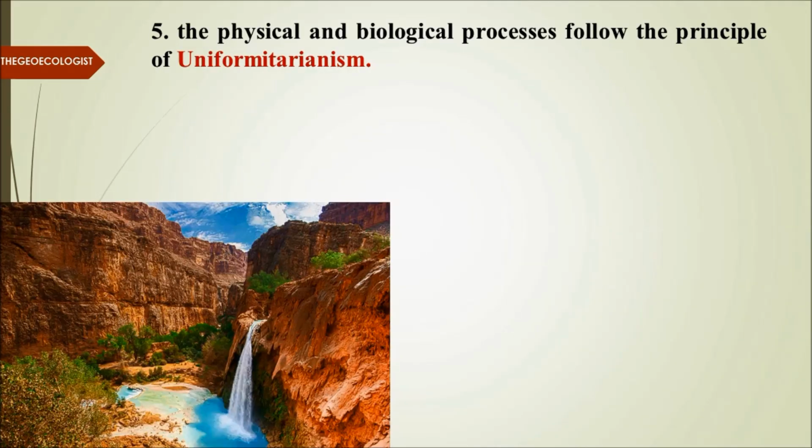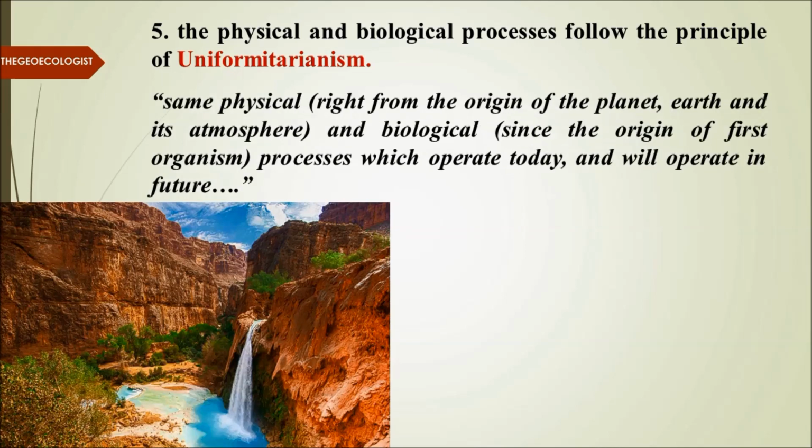Then the fifth one, the physical and the biological processes follow the principle of uniformity. That is called uniformitarianism. It's a very interesting concept in a way that there is uniformity. In what? In processes. So read this statement, take time, just read it. Same physical, that is right from the origin of the planet Earth to the atmosphere making.